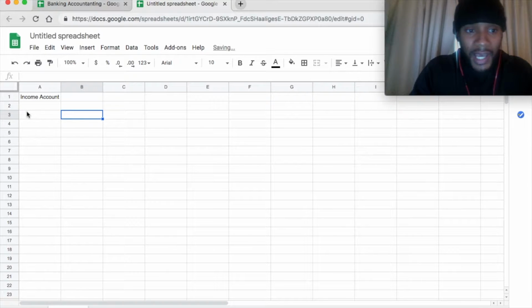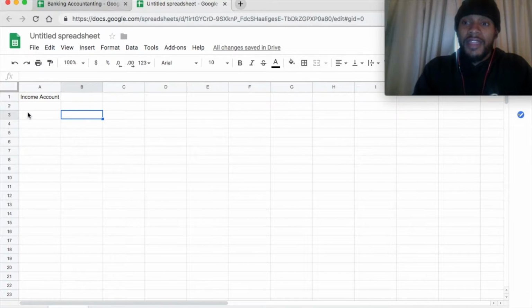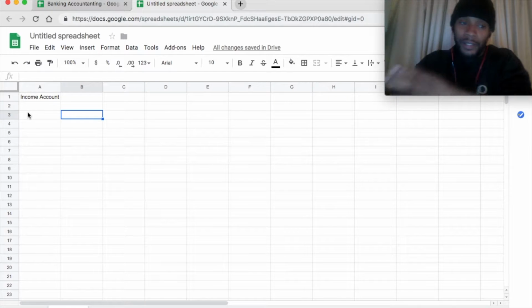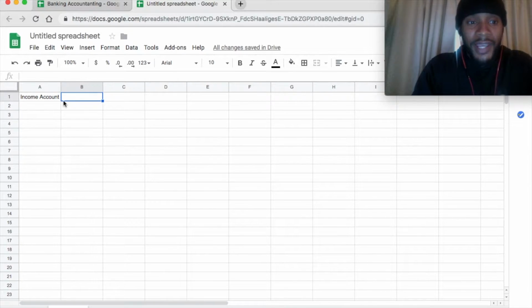Now, our income account is the account that distributes to all of the other accounts. So that first account is where all your business finances come into this income account. So we're going to place that right here.